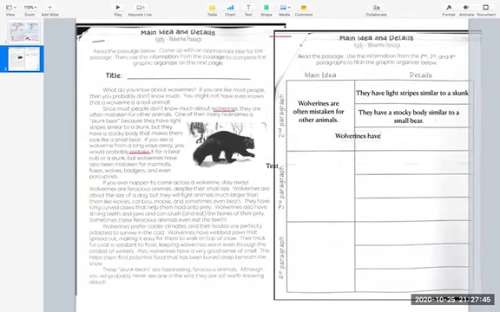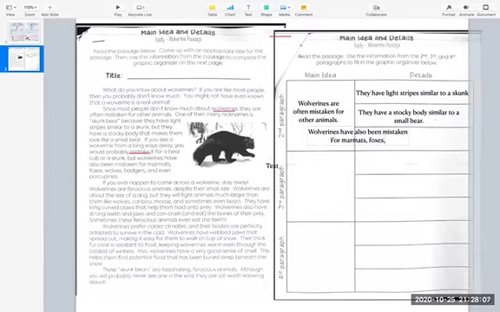Wolverines have also been, what's it say? Mistaken for marmots. I like that word.